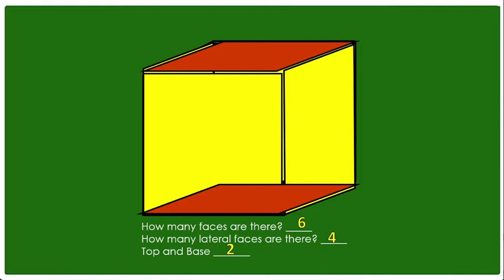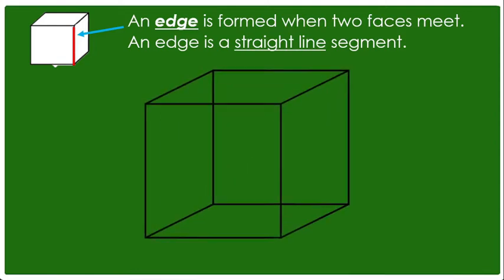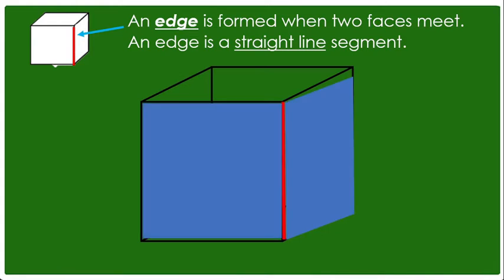The next part of the solid figure is the edge. In this solid figure, which part is the edge? There you go. That is one of the edges of this cube. What is an edge? An edge is formed when two faces meet, and an edge is a straight line segment. Let me show you an illustration. This is a line segment, and it is formed when two faces meet.